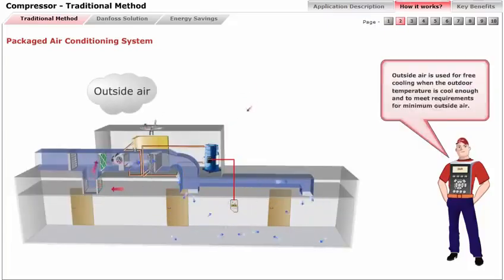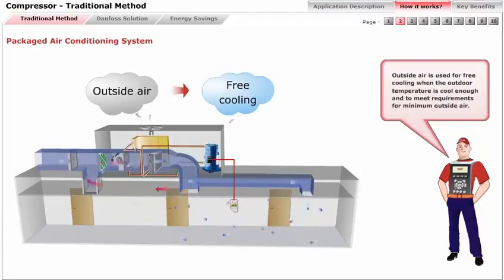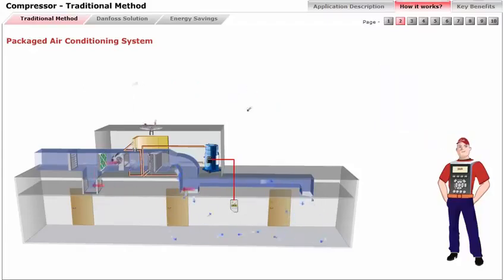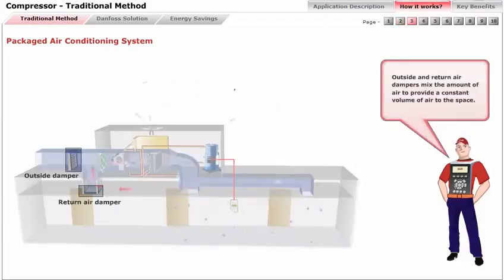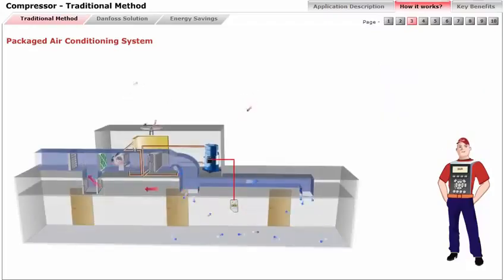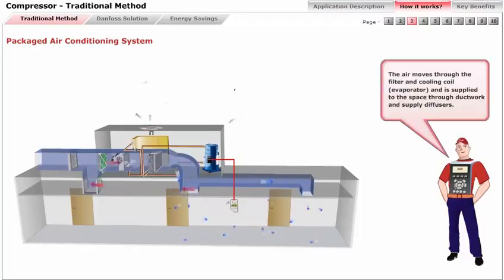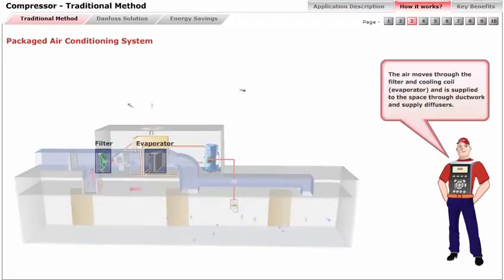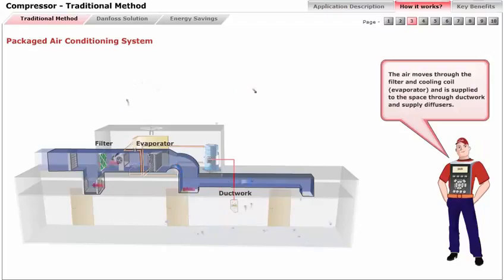Outside air is used for free cooling when the outdoor temperature is cool enough and to meet requirements for minimum outside air. Outside and return air dampers mix the amount of air to provide a constant volume of air to the space. The air moves through the filter and cooling coil and is applied to the space through ductwork and supply diffusers.